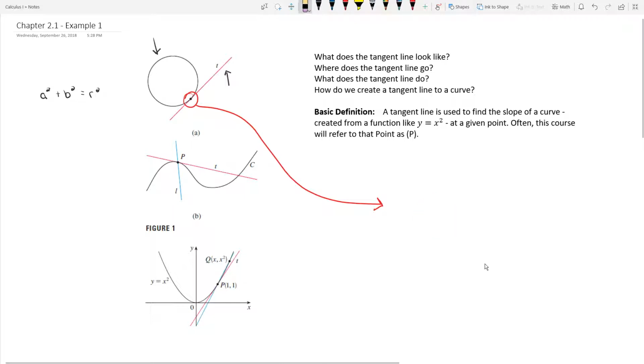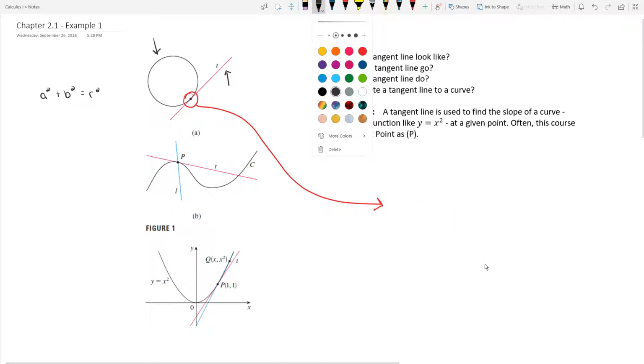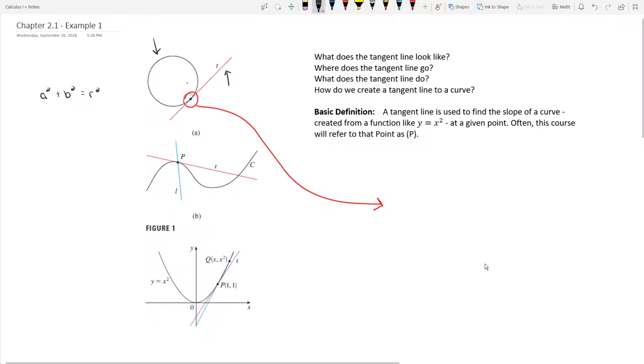So let me redraw that. We're magnifying this point, and it would just simply be a small curve. And the tangent line would pass between two points so close that you couldn't tell that there were 2 points there.